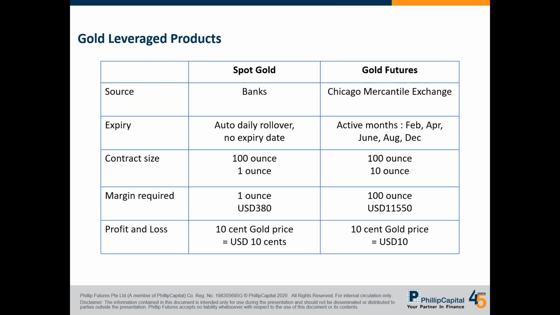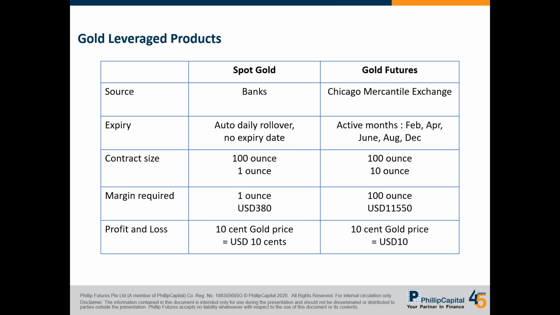Okay, so the contract size is also different. For spot gold, the smallest contract size is 1 ounce, whereas for gold futures, the smallest is 100 ounces, or the mini size is 10 ounces.